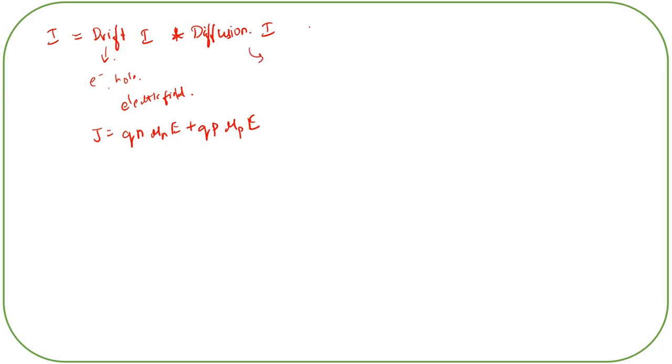Diffusion current is the movement of charge carriers from a high concentration region to a low concentration region. Take this p-type bar: as x increases, it is more concentrated here and less concentrated at the sides, so the concentration reduces.